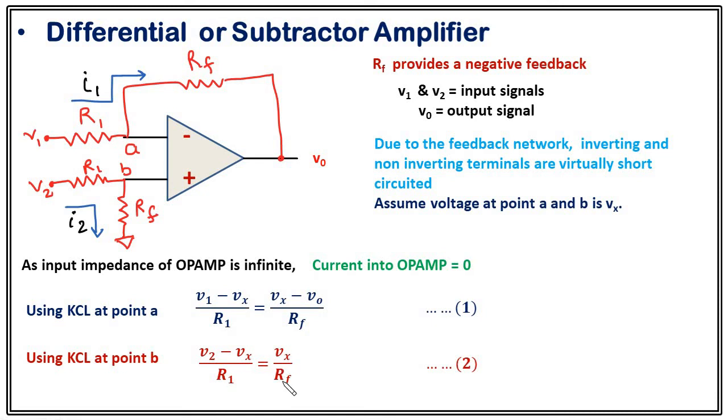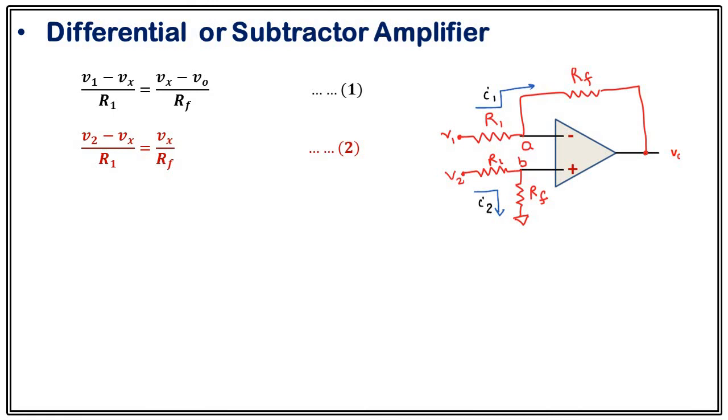Let's say this is equation number 2. Here, Vx is unknown. By using equations 1 and 2, we eliminate Vx so that we have the whole equation in terms of V0, V1 and V2. If you eliminate it, you will have V0 equal to Rf upon R1 times (V2 minus V1).